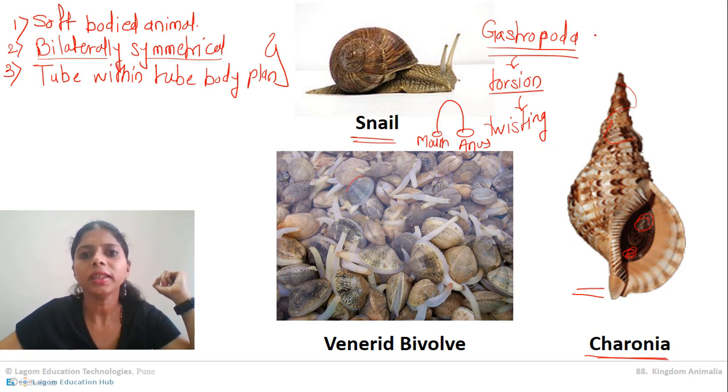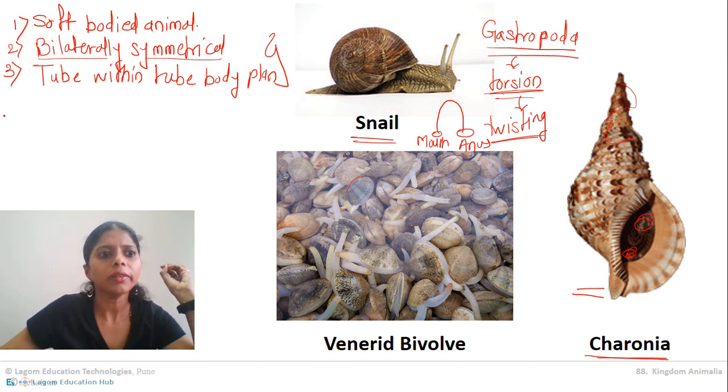Understanding? Now another thing is that this process of torsion, this twisting of the body, makes the body asymmetric. So this snail becomes asymmetric because of twisting, because of torsion. This shell becomes asymmetric because of torsion. Understanding? Clear about it? Now torsion makes a lot of changes in their body.